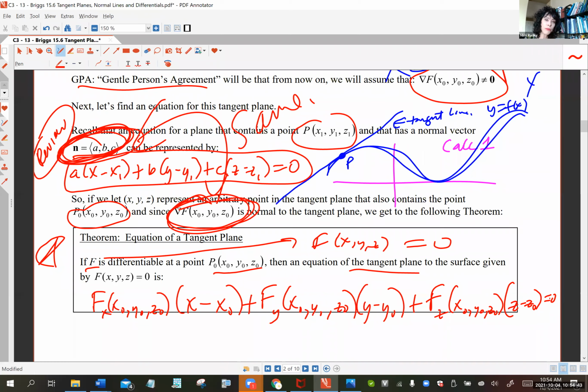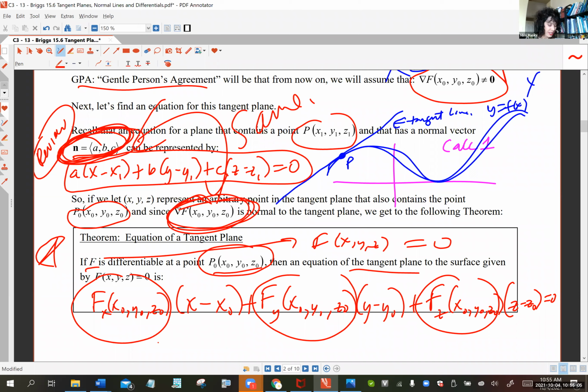Now, a common student pitfall, a common student mistake, and this is not just a silly mistake, this is somebody who's just not getting it. These fx, fy, and fz have to be pure numbers. In other words, you actually have to first find fx, fy, and fz, and then substitute the coordinates of the point so that these are numbers, because you want all of these to be numbers when you finally use them in your tangent plane equation.